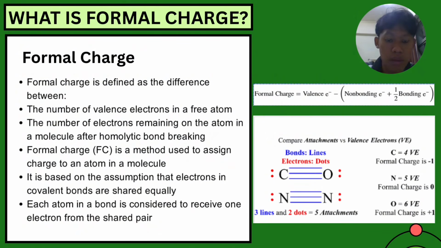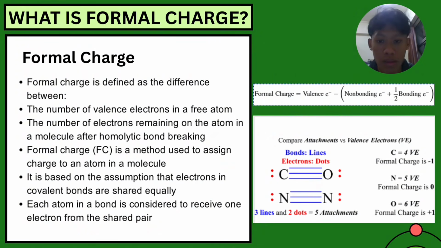So we can look at the formula to get the formal charge. Formal charge equals valence electrons minus, in brackets, non-bonding electrons plus half of the bonding electrons. We can prove this by finding the formal charge for carbon. As we know, C has 4 valence electrons.